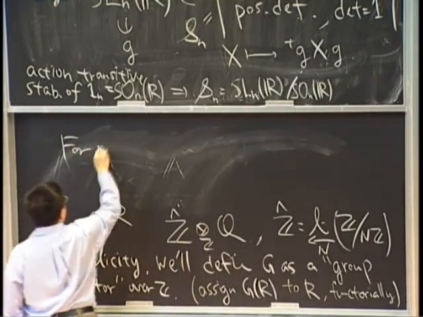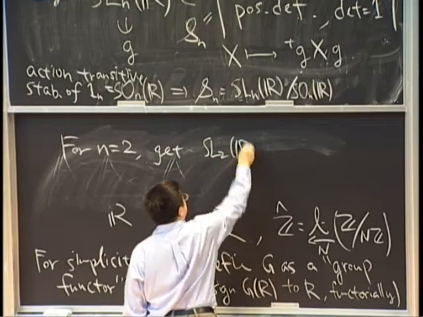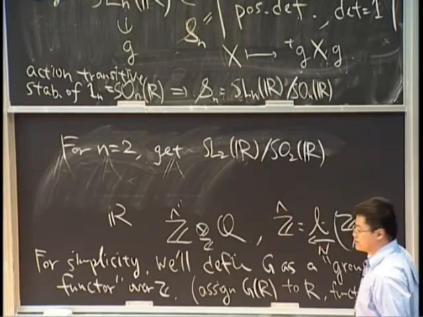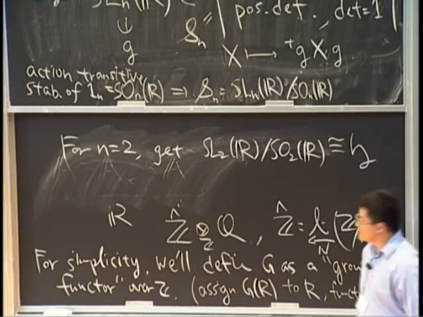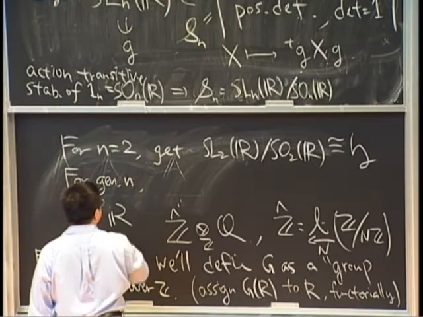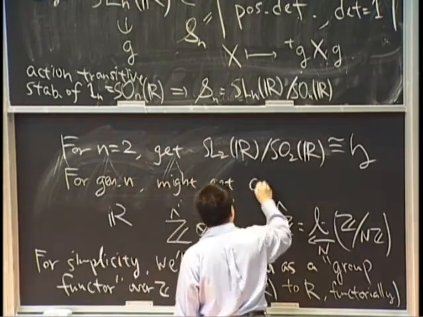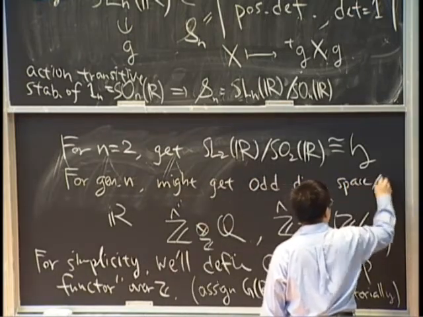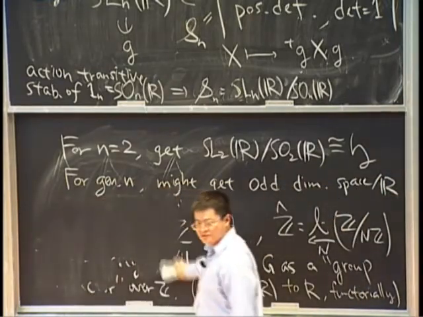For n equal to 2, we get the familiar thing, which is SL_2(R) modulo SO_2(R). And I would like to check this is actually the same upper half plane we had before. So for n equal to 2, you have something familiar. But for general n, you might get an odd dimensional space over R, and it's not going to be a complex curve or complex variety at all if it's odd dimension.